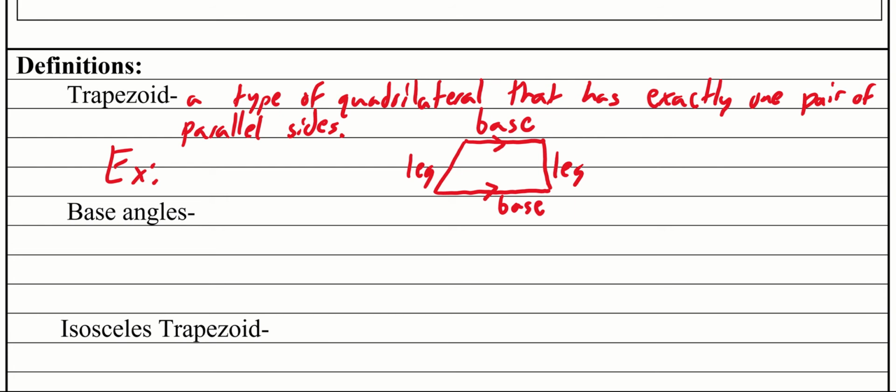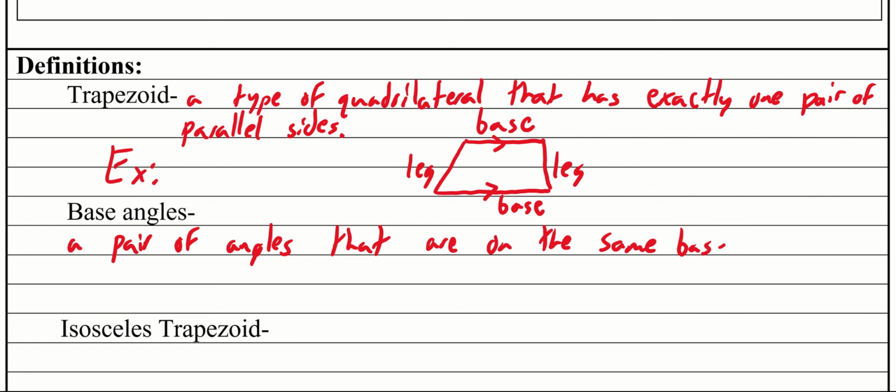Okay, one other term that you want to be familiar with, because we're going to include this in one of our properties, is what we call our base angles. So our base angles here are, simply put, a pair of angles that are on the same base. Okay, so for instance, if I'm looking at this picture that we've drawn here, let's say we label this trapezoid ABCD.